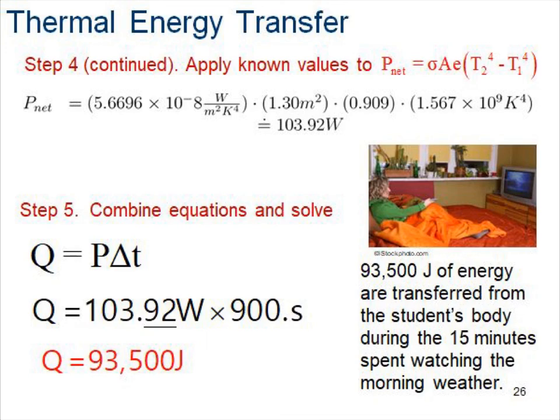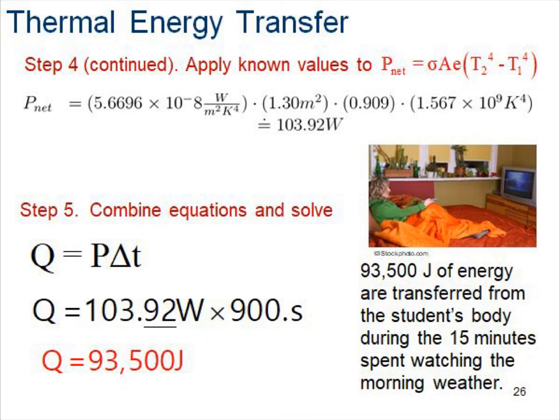So I have Stefan's constant, 5.6696 times 10 to the negative 8th, times my area of 1.30 meters squared, times the emissivity, 0.90, times our change in temperatures in Kelvin, and we get approximately P net equals 103.92 watts.